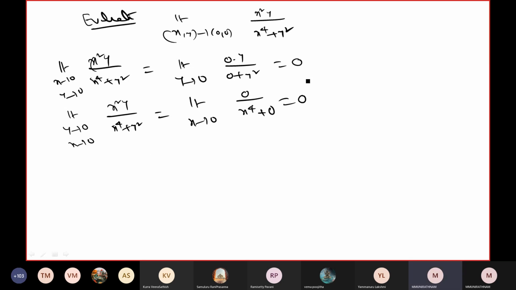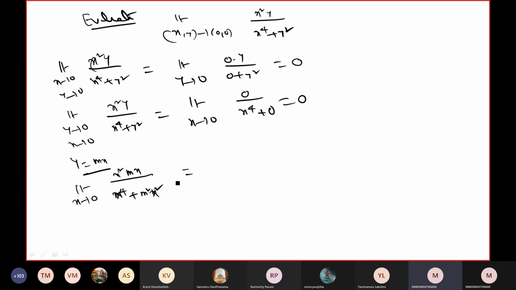So both are okay. That means the limit may be 0, but we have not confirmed that yet. So now I go for y equal to mx, along the path of a straight line. If I take y equal to mx, then as x tends to 0, x square times mx by x power 4 plus m square x square.